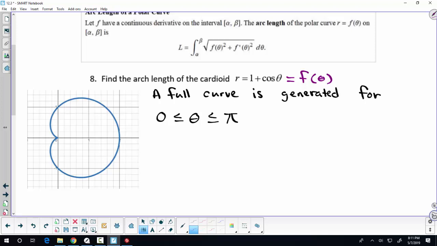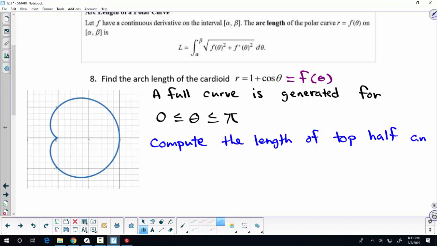So let me make a note here. Compute the length of the top half. Now, notice with arc length, we're not thinking about areas, what we trace out as theta varies from wherever to wherever.